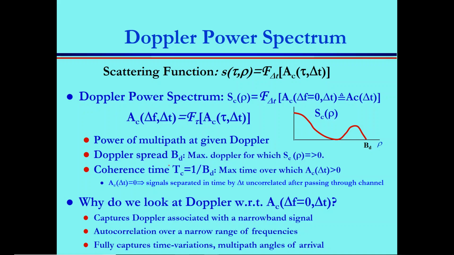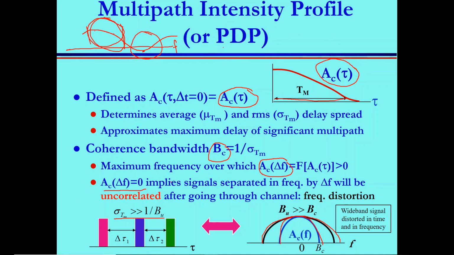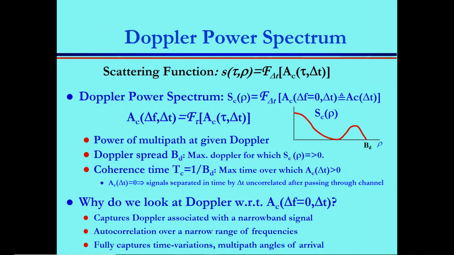Now, this was the multipath intensity profile, or we call it the power delay profile. We also have the Doppler power spectrum profile. In this case, let's start from the general formula where the scattering function of tau and rho is equal to the Fourier transform of the autocorrelation function.